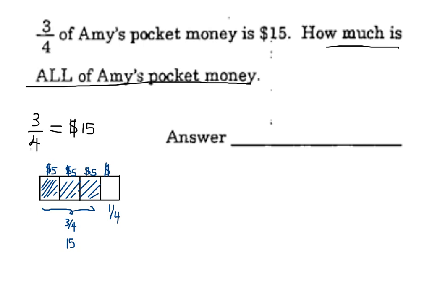Okay, then multiply. This one is 5, this one is 5, this one is 5. What do you think this one would represent? 5. So if all of them represent 5, how much in total? 20, right?